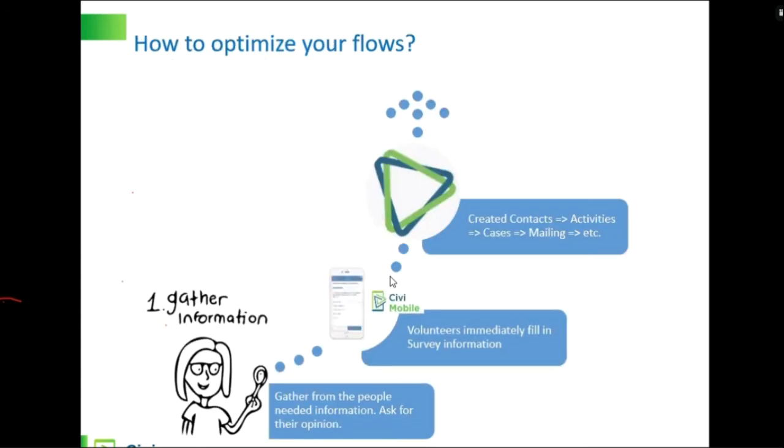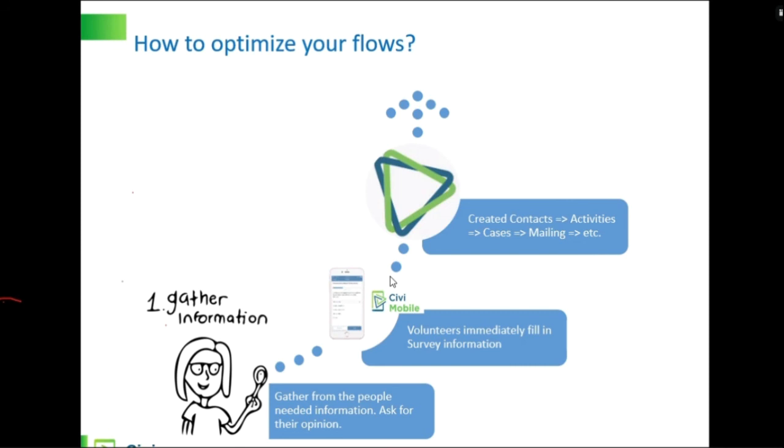Also, I want to show you how CiviMobile helps you optimize the way of gathering information on the street. So you have volunteers who stay on the street and should ask for some information about, let it be, women's rights. Before CiviMobile, how did they gather it? They had some lists or tabs, and they just put this information there.